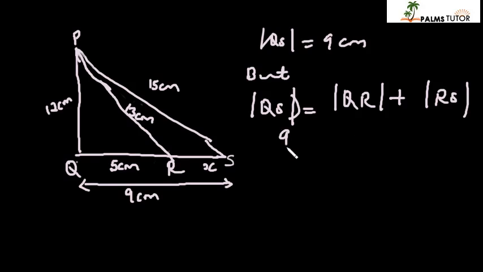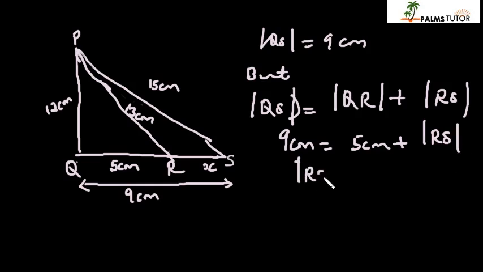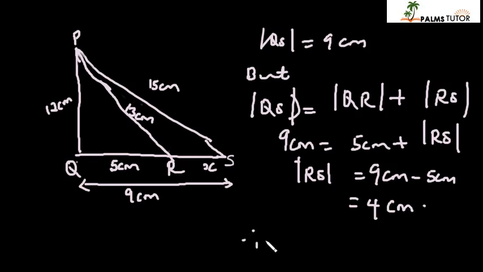Now, 9 centimeter equals QR, which is 5 centimeter, plus RS, which in this case is our X. By collection of like terms, we have line RS equals 9 centimeter minus 5 centimeter, which will give us 4 centimeter. So therefore, our X in this triangle equals 4 centimeters.